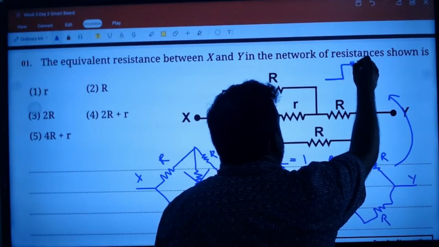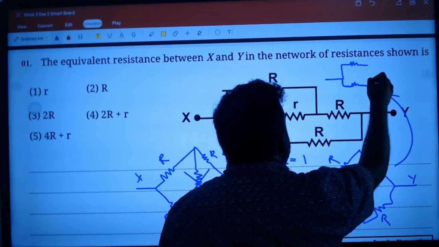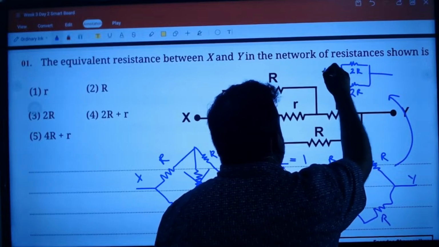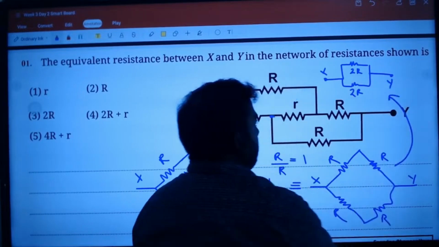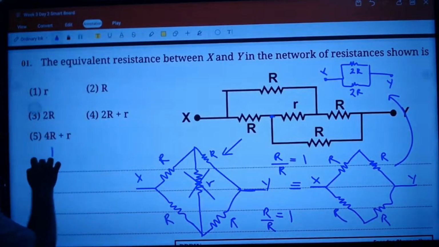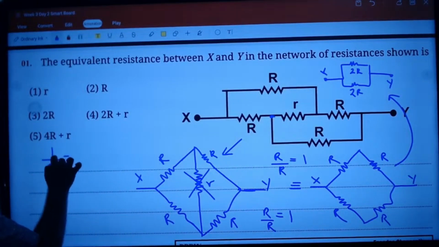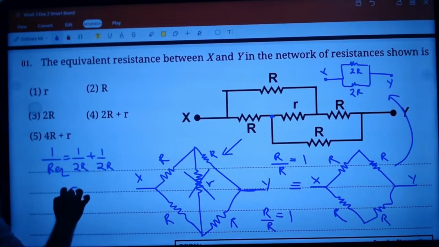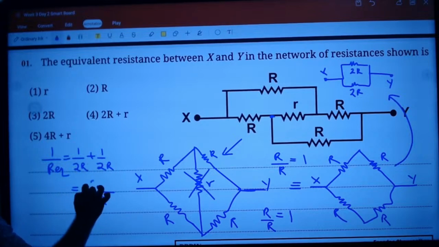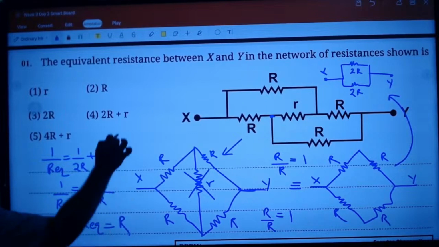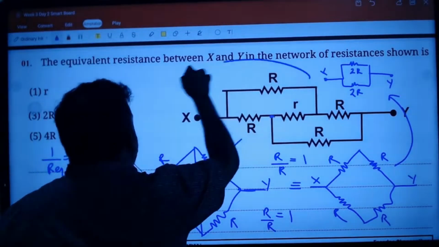Here on top you have resistor 2R, here you have resistor 2R. X, Y. Now resistors in parallel. 1 over R equivalent is 1 over 2R plus 1 over 2R. Common denominator 2R. 1 over R equivalent. R equivalent is equal to R.